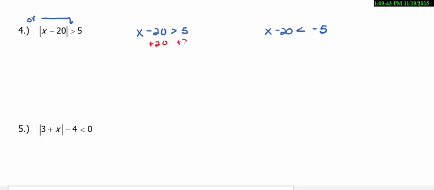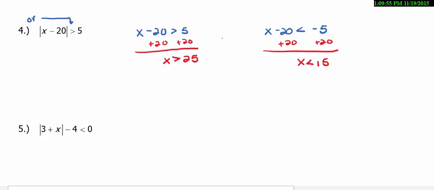Here we add 20. We get x is greater than 25. Here we add 20. We get x is less than 15. We know that this is an or situation, and so our final answer is x is greater than 25 or x is less than 15.